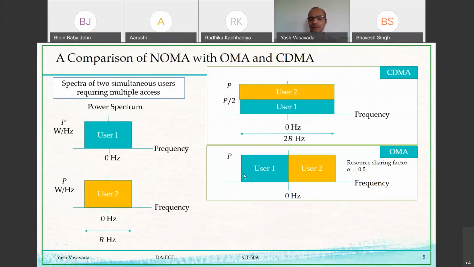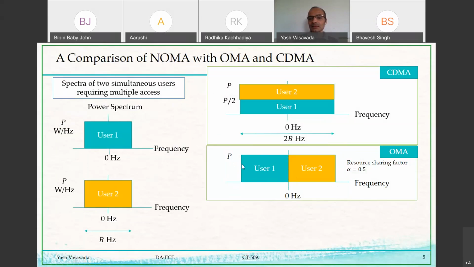In the OMA, the noise power is present over the entire bandwidth of 2 times B hertz. But user 1 will see only half of that noise power because, for example, it can put a filter around minus B to 0. And so the noise power which is present in the spectral band from 0 to capital B will be nulled out by that filter, in addition to the user 2 signal.